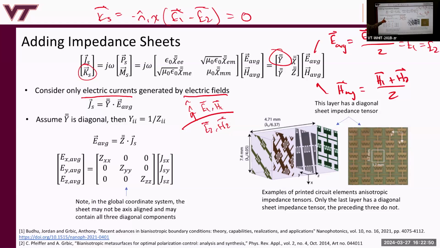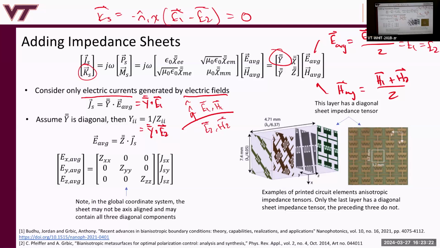All right, so now we can look at this boundary condition. J surface is equal to Y dotted with E average. That comes directly from our constitutive material parameter boundary condition. And this we can now say is just equal to Y dotted with E1, or also equal to Y dotted with E2.